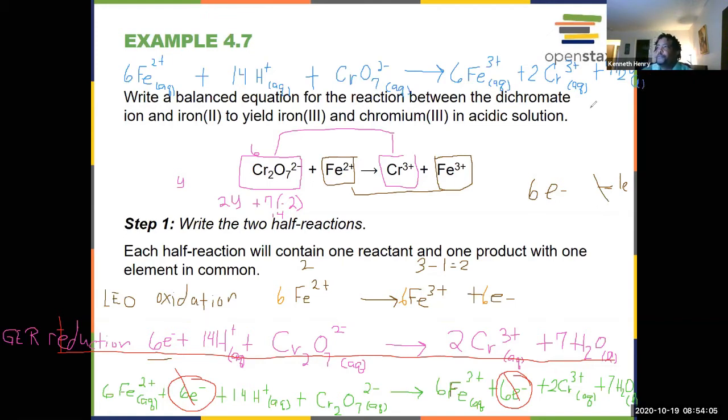So do you want to confirm? Did you forget the 2 on the Cr? Did I? Right here, my subscript 2. Thank you. Good eye. So let's do our quick confirmation. How many irons on each side? 6. 6.